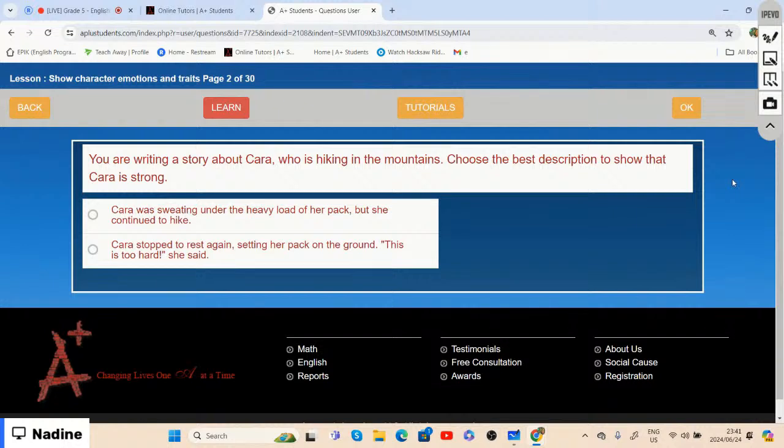All right. The next one says you are writing a story about Cora, who is hiking in the mountains. Choose the best description to show that Cora is strong.